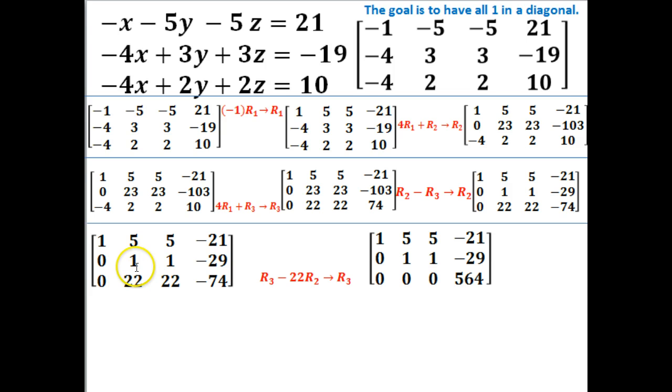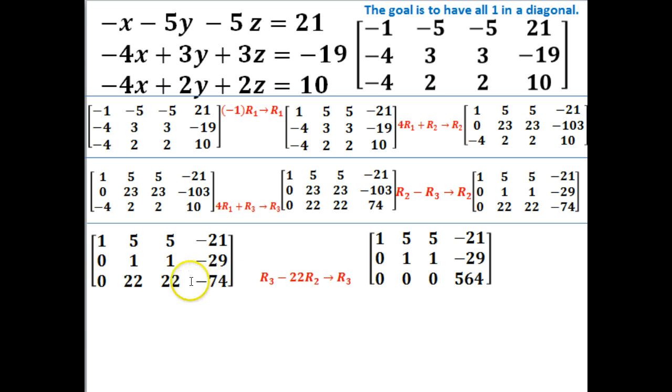Okay, and if we look at this one, we took row 3 and subtracted 22 times the second row. So that gave me a 0 in this column right here, which is exactly what we were wanting. That worked out nice. This one here, because these numbers matched up, this one also equaled 0. And then right here, we did the same thing.